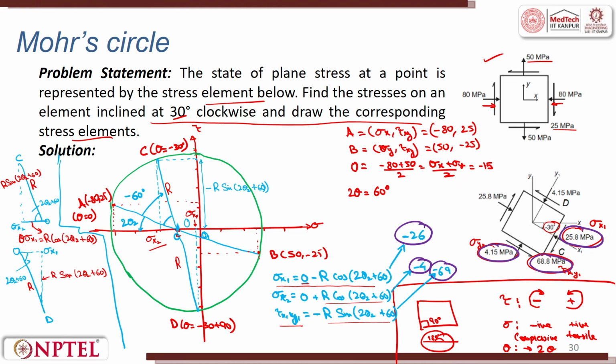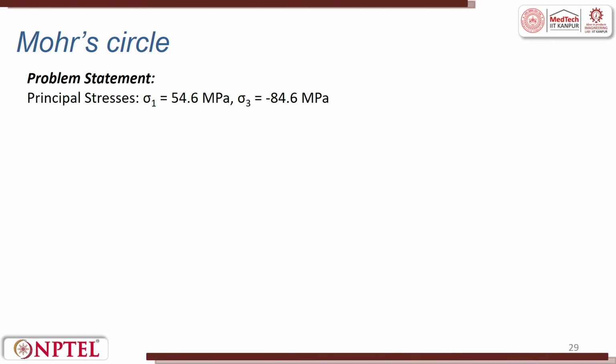Let me take some more examples here to explain it further. So, here it is given principal stress sigma 1 as 54.6 megapascal, sigma 3 as minus 84.6 megapascal, and element in the plane stress, that is sigma z is equal to 0. So, the other principal stresses are also 0.